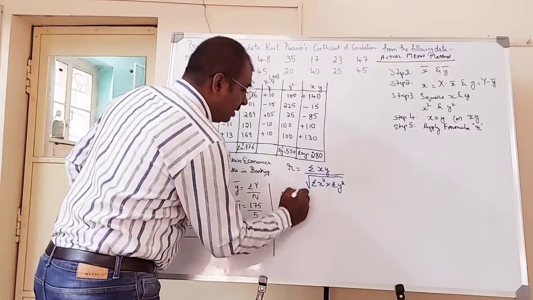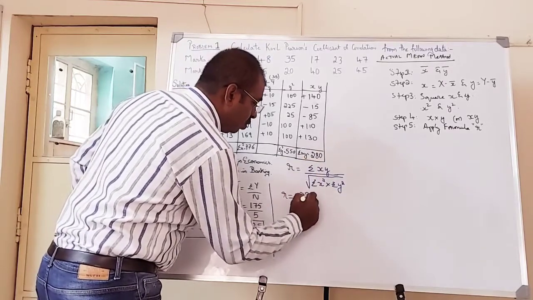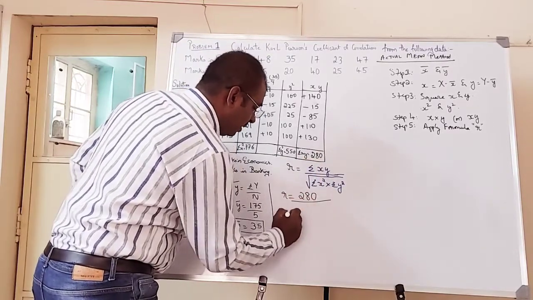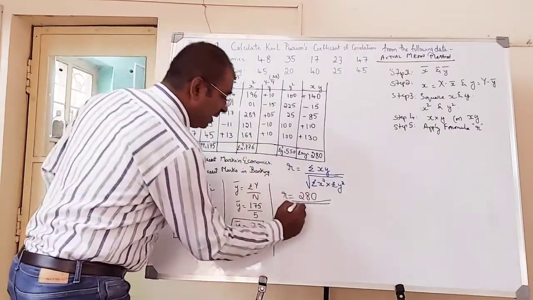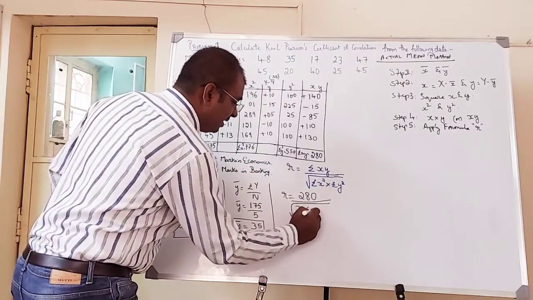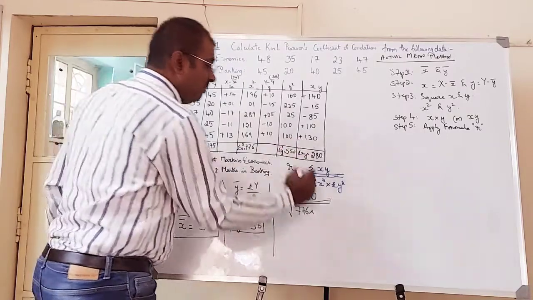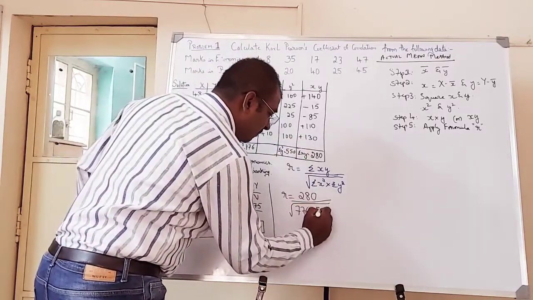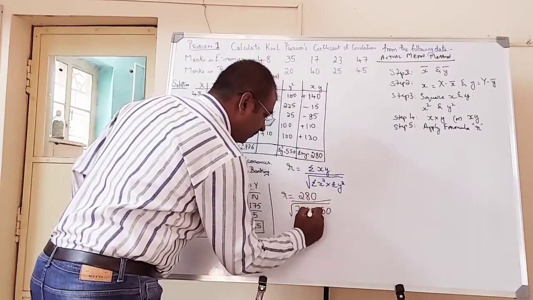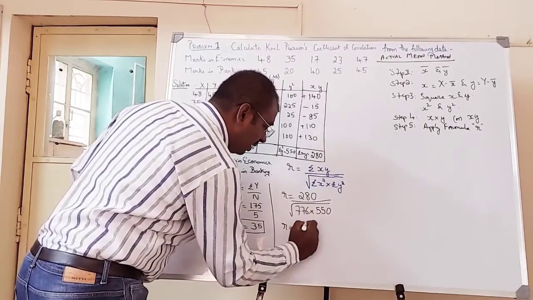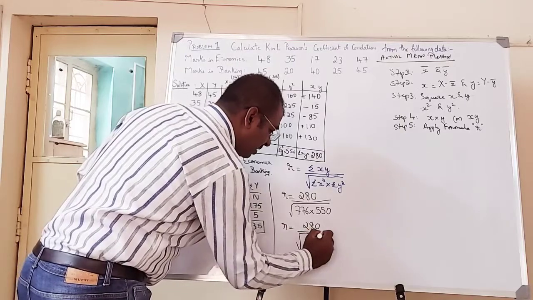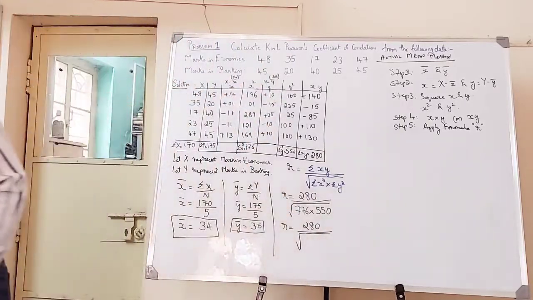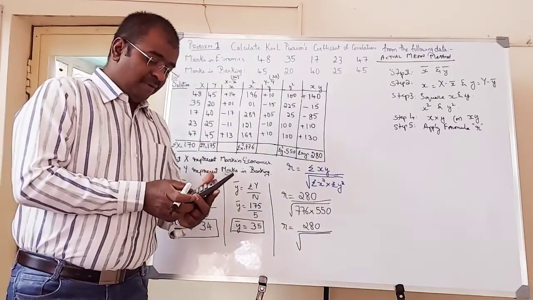Now we know that sigma xy is 280, divided by the square root of sigma x square, which is 776, into sigma y square, which is 550. Further, R is equal to 280 divided by the square root of 776 into 550.